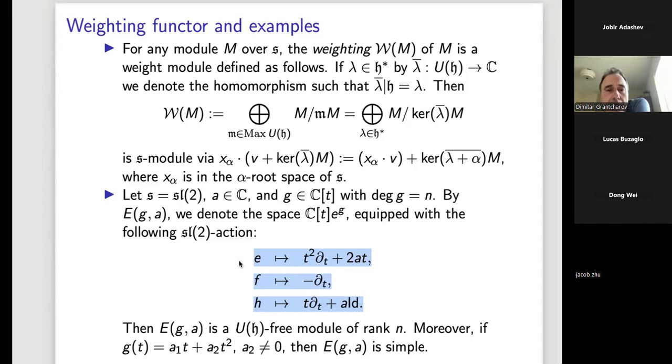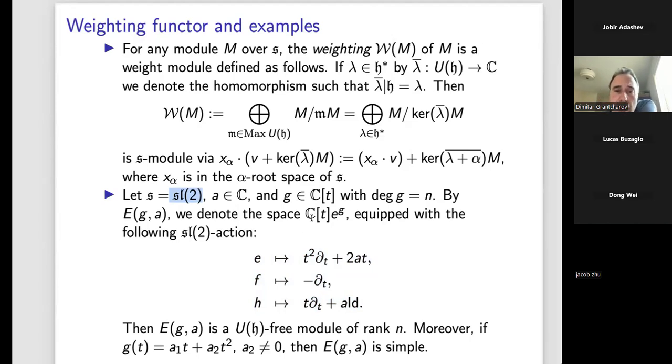We will introduce them more officially on the next slide in terms of matrices. And this is an example where we have a homomorphism from the universal enveloping algebra of SL2 to the first Weyl algebra, the algebra of differential operators of one variable T, polynomial differential operators.